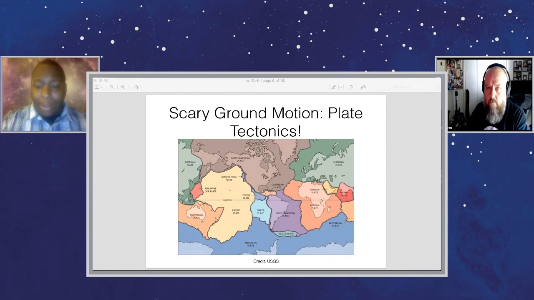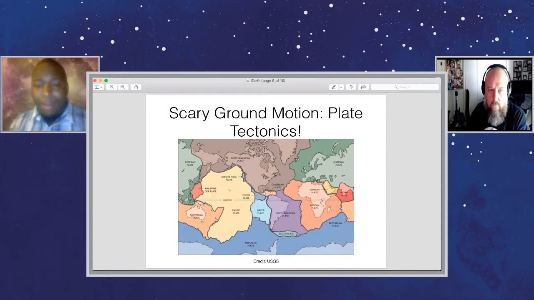And so we can now move along to start talking about Earth's plate tectonics. I've never been in a situation like this where the ground just started moving beneath me, but I'm pretty sure some of you probably have.